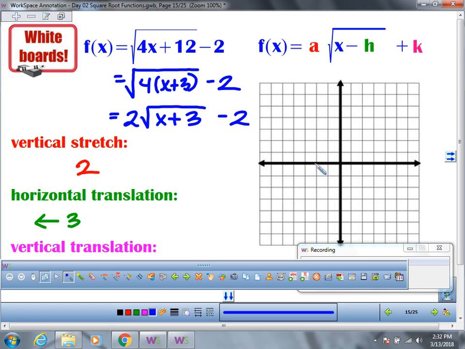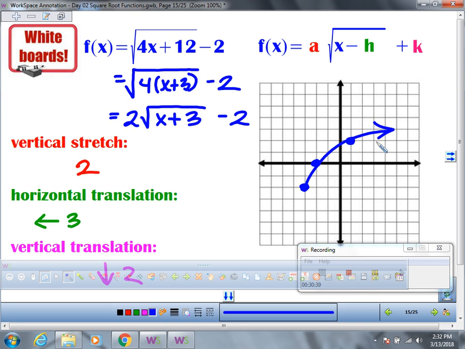So I'm going left 3, 1, 2, 3, down 2, 1, 2, and a stretch of 2. So instead of going over 1, up 1, over 4, up 2, instead of going up 2, I'm going to go twice that, I'm going to go 4. This is how I check to see if I'm right.